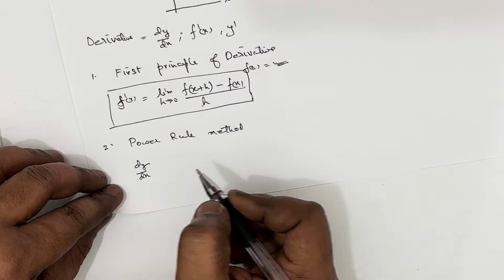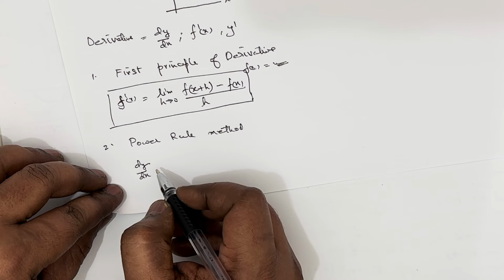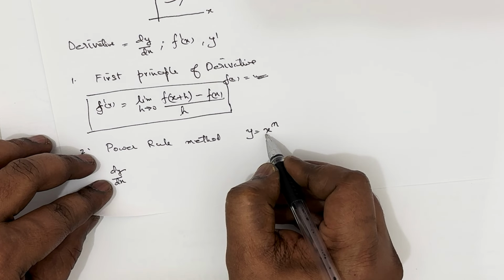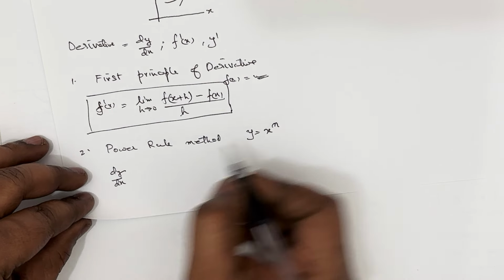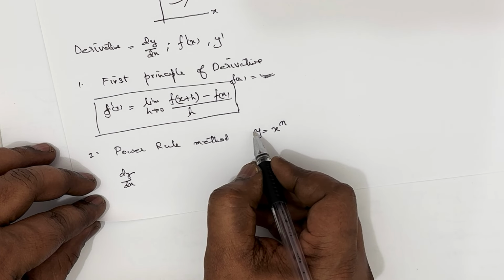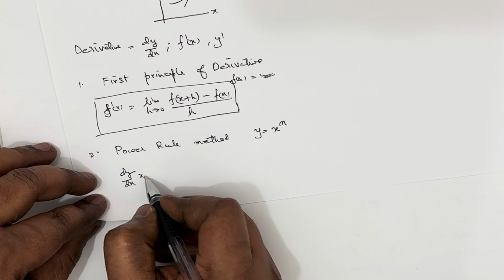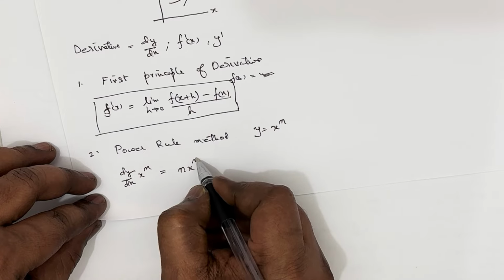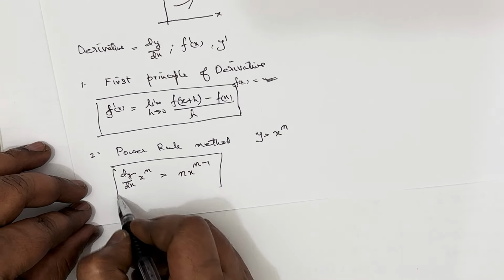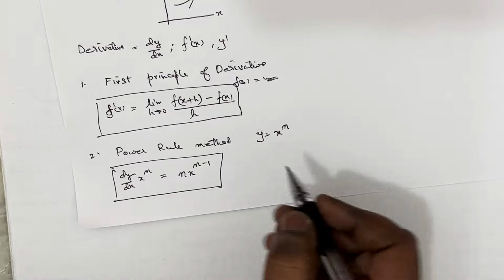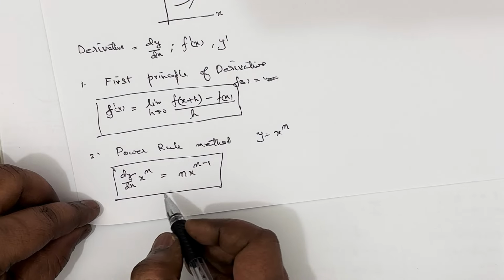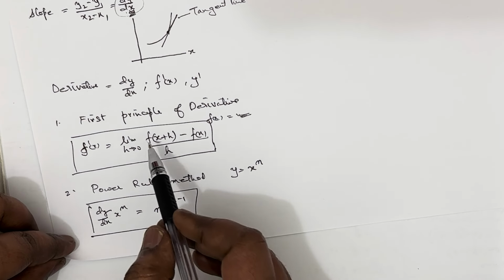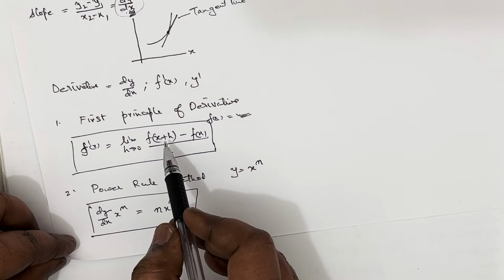If there is a function y is equal to x power n, this is the power rule method, then the derivative dy by dx of x power n is equal to n x raised to n minus 1. This is the formula for the power rule method. The upcoming chapters will be using this formula. This is just basic. This formula is derived from the first principle of derivative formula.